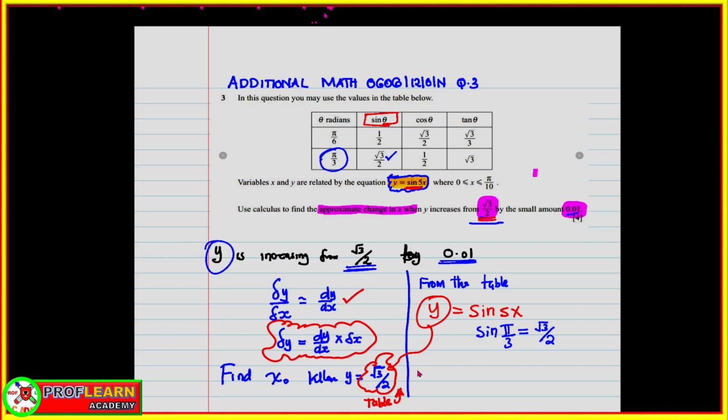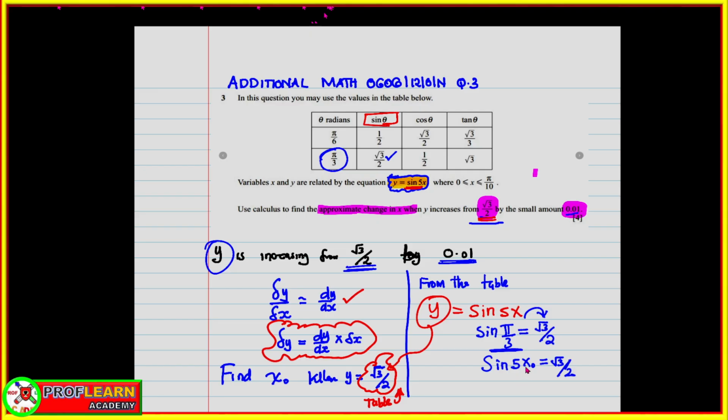Which means that we need to know x naught. So we can say sine of 5x naught is going to give us root 3 over 2. So what should this angle be so that it gives us pi over 3, which is equivalent to root 3 over 2?